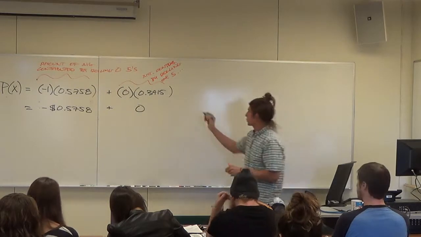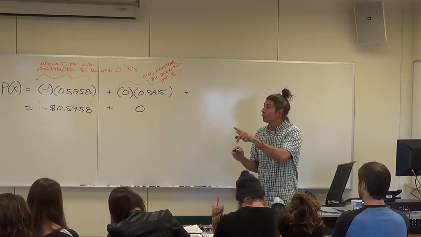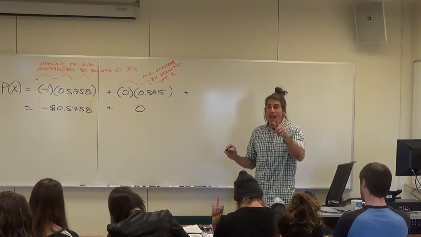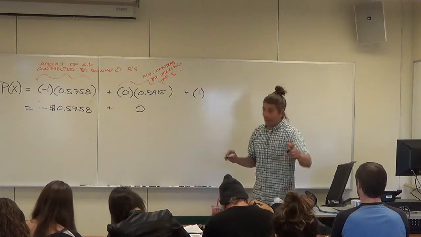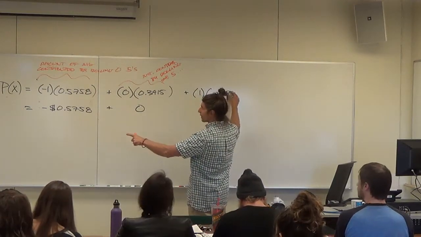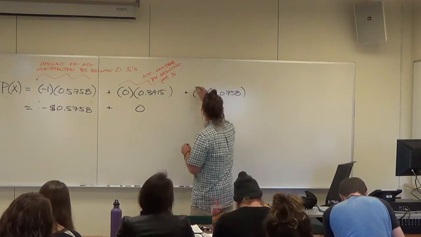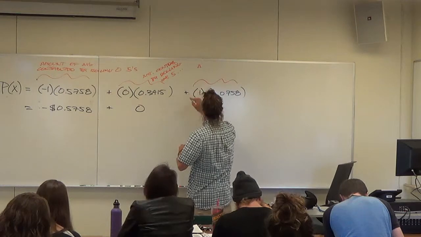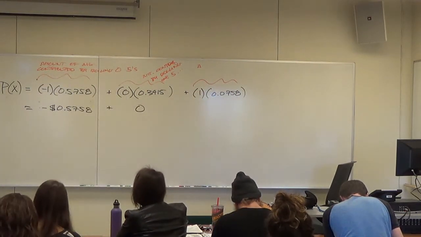Okay. We've also got to talk about the amount of money on average we gain when we roll 2 5s. Now how much is that profit? Positive $1, but it only happens how frequently? 758, yes. This is the amount on average. Wasn't it 458? Sorry. It's a 7. I just wrote it terribly.